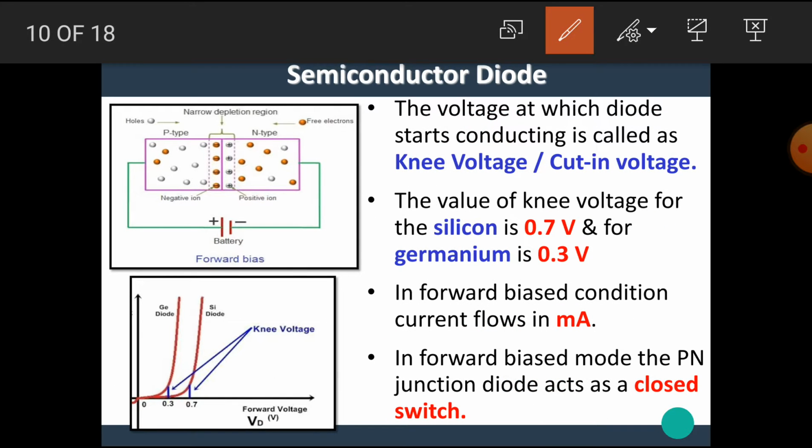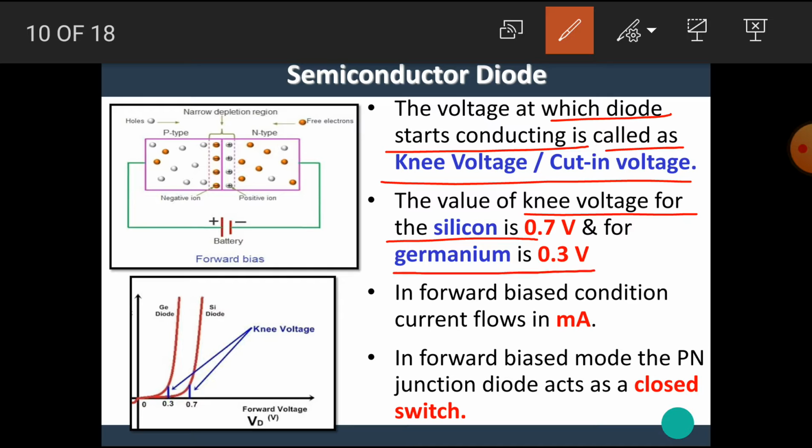Now, next, the voltage at which the diode starts conducting is called the knee voltage or cut-in voltage. The value of the knee voltage for silicon is 0.7 volt and for germanium is 0.3 volt. In forward bias condition, the current flows in milliamperes.